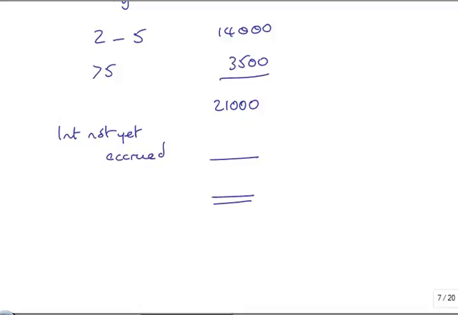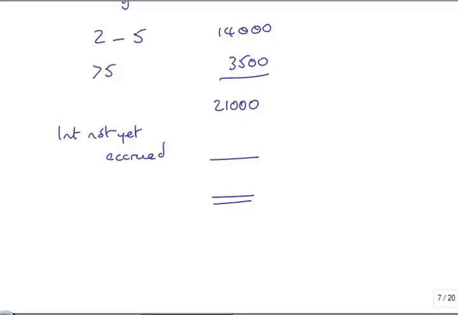What is the present value of the minimum lease payments outstanding at 31st December 2004? Is that 4? No, it's that one, isn't it? 15,244.